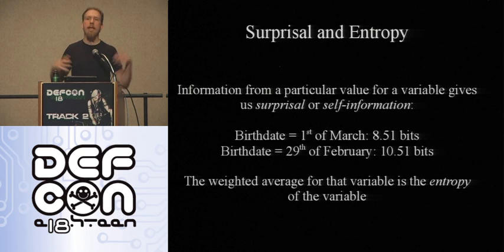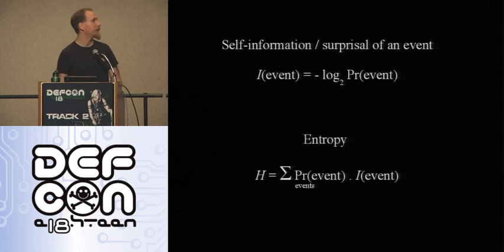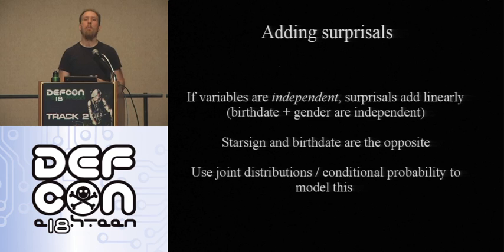And then we can talk about the entropy of this type of measurement, which is the expectation value of the surprisal. So if you have a probability distribution, you measure the expectation across all of that. There's some formulas you can use to look at this. We have a paper on our website that has all the mathematics in a bit more detail if you're interested in it. A point to note is that you can't add surprisals together.